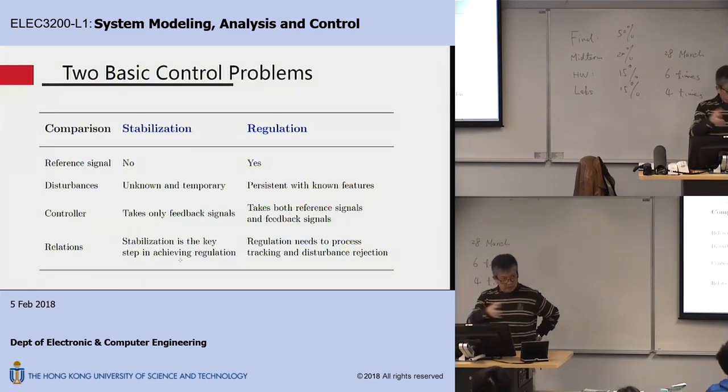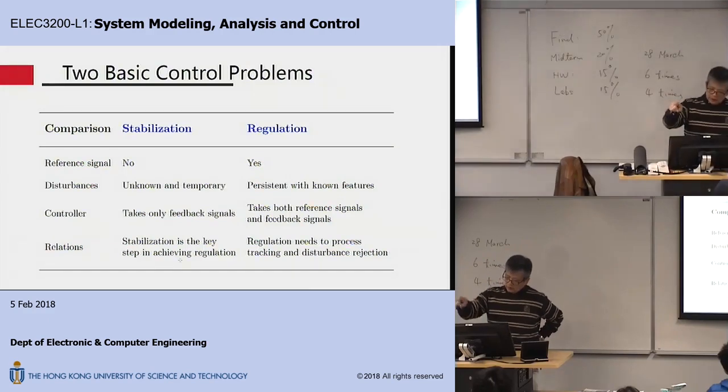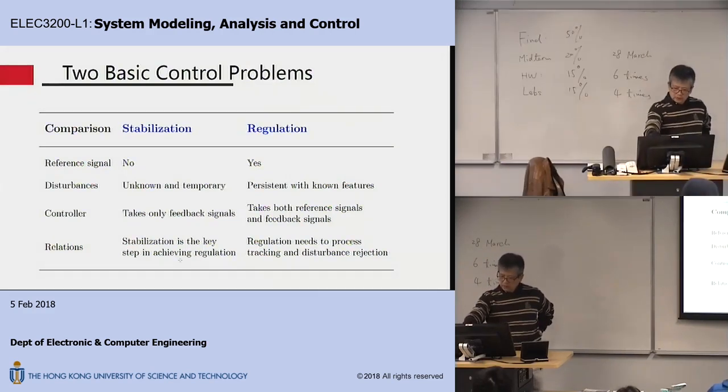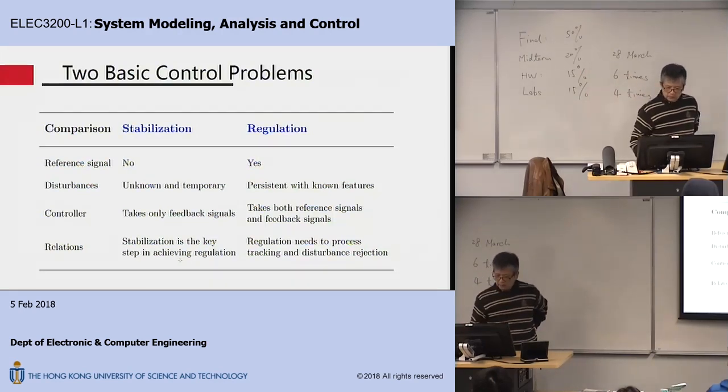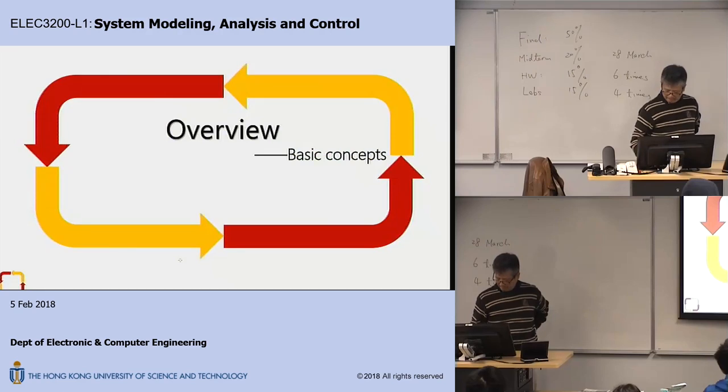So even without the reference signal, the regulation system has to work well. That's why you need stabilization. I think you can have a rough feeling of those things. We had a look at 2 real-life examples to capture some essential ideas in control.